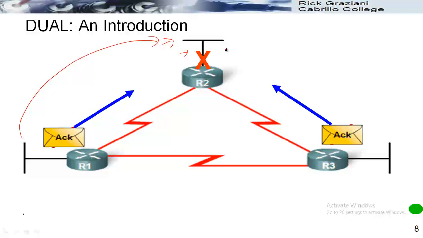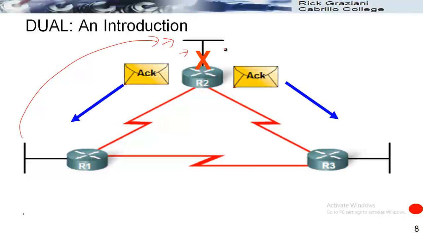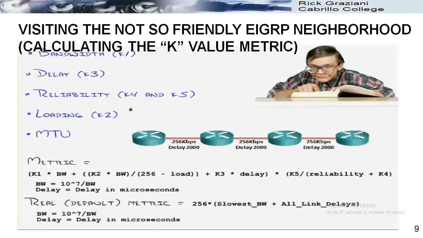Then a reply, and the reply has to be acknowledged. So maybe in that case the reply was just a no. Yes, so even if they are not connected to it, they still have to send a reply. A reply in this case will be no, and that packet has to be acknowledged.